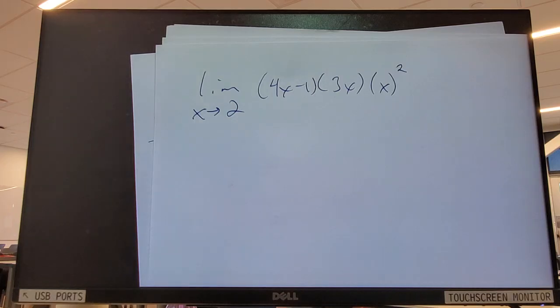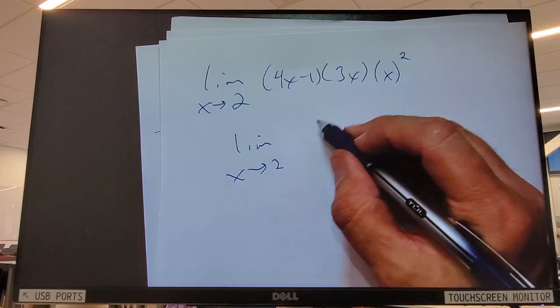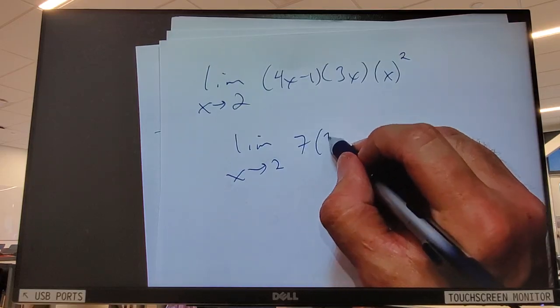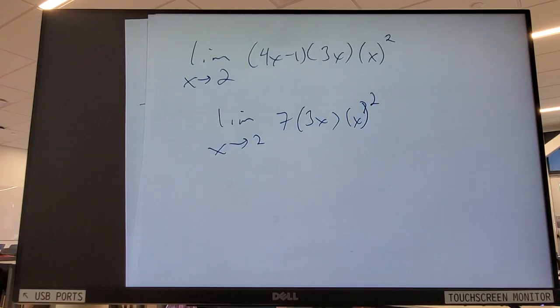How would you take that limit? Plug a 2 in. Would I be wrong? Can anybody see what I've done here? You have to write it, Jeff. What did I do? I put a 2 into this one, but nothing else. You with me? Is that still true? Of course it is.